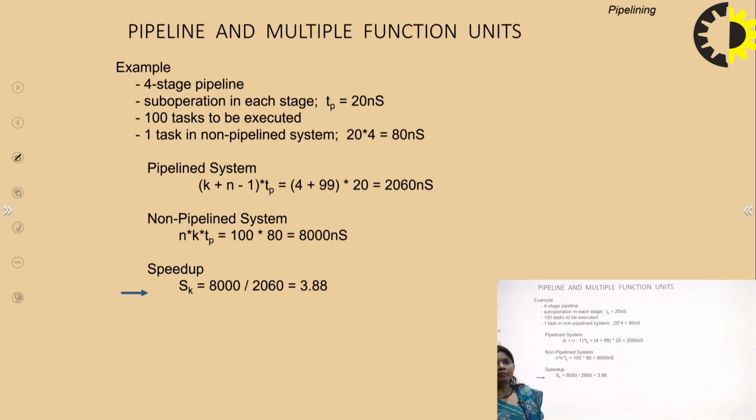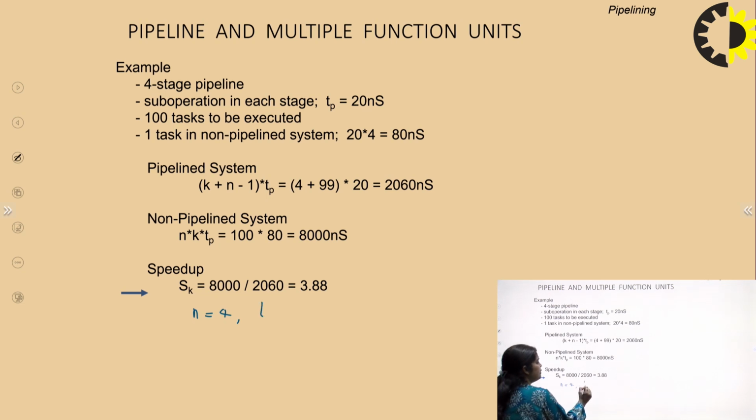With the help of an example, suppose that there is a 4-stage pipeline. 4-stage pipeline means K value is given, that is 4. And the sub operation in each stage is 20 nanoseconds.